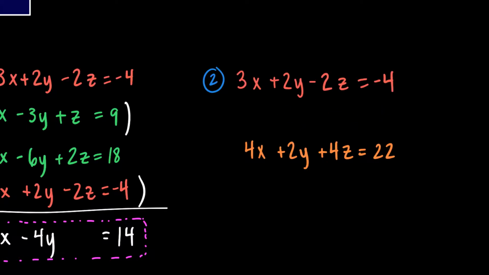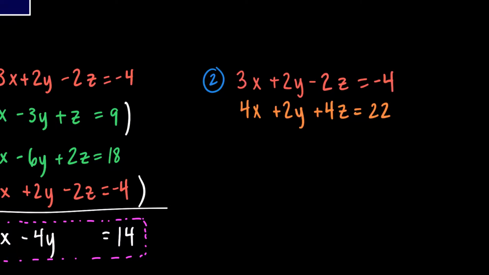Okay, so now our goal is to eliminate the z's. In order to eliminate the z's, we're going to have to take the top equation up here and double it so that we get negative 4z, and then it'll cancel with that orange one there. So let's bring the red down.